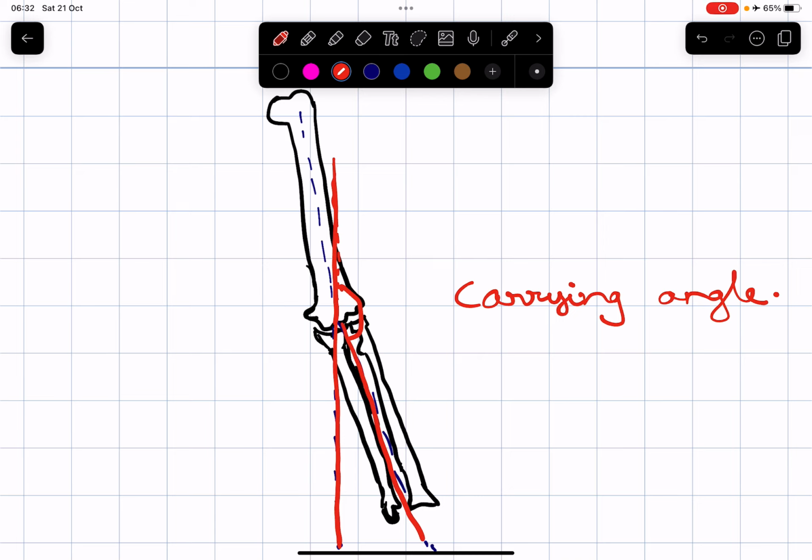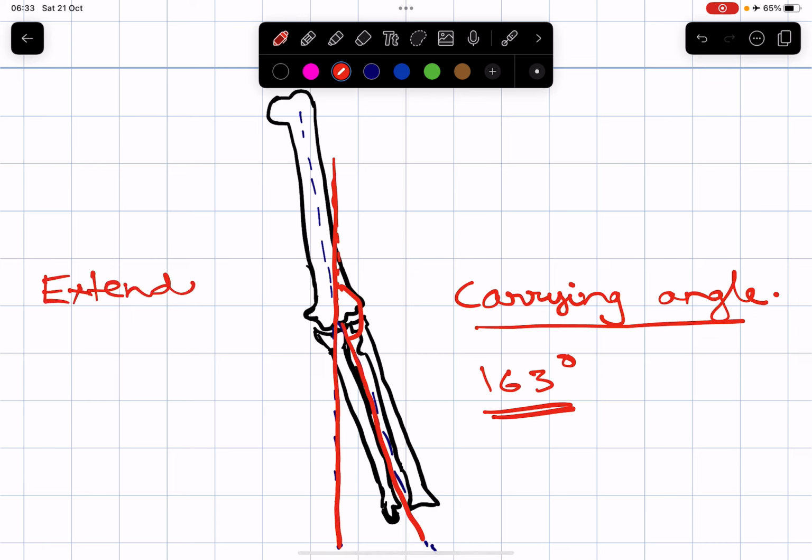So on the outside, there is this angle called the carrying angle, which measures about 163 degrees. This carrying angle is more pronounced in females due to the wider pelvis. This is observed in the extended and supinated forearm, right?